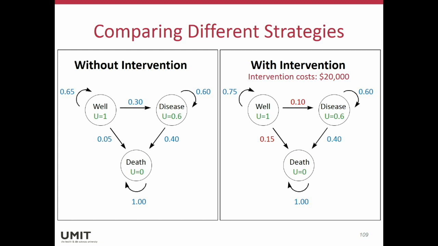But if they are in the health state disease, I need to have this constant management of these people, and therefore we have the 2,000 in both situations, without the intervention and with the intervention. So these 2,000 are always attached to the health state disease. And only if we come to the intervention, we have this additional 20,000. Further questions?